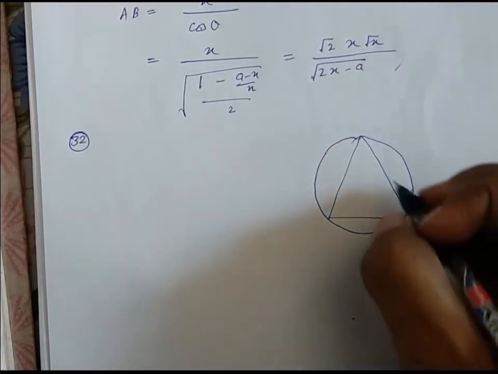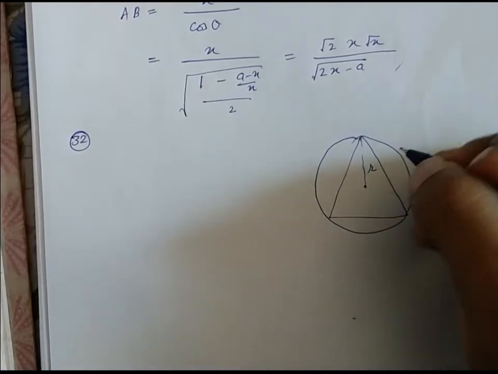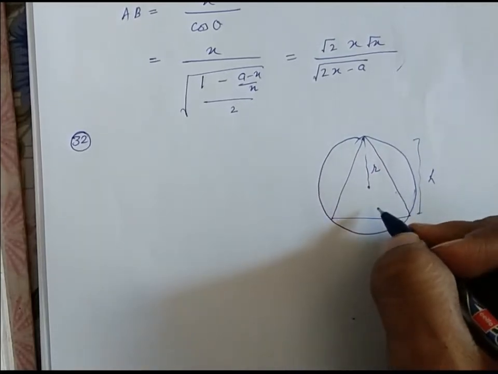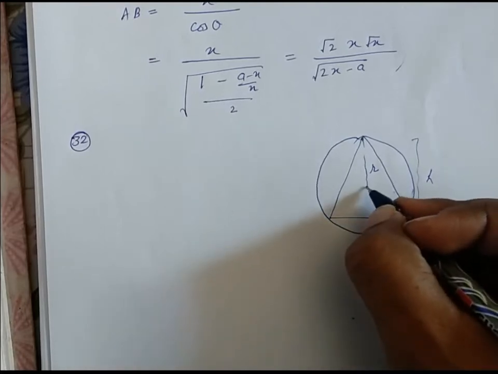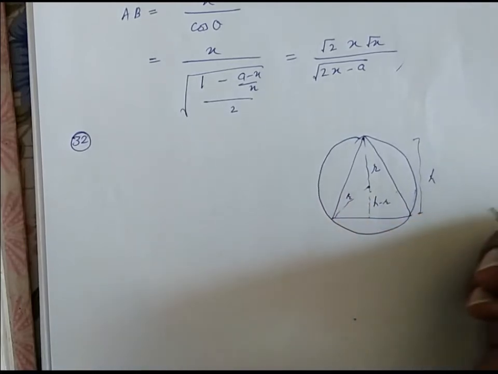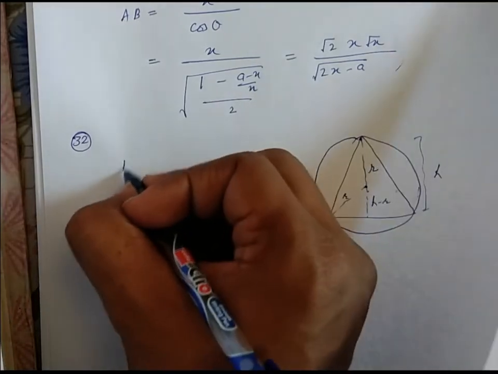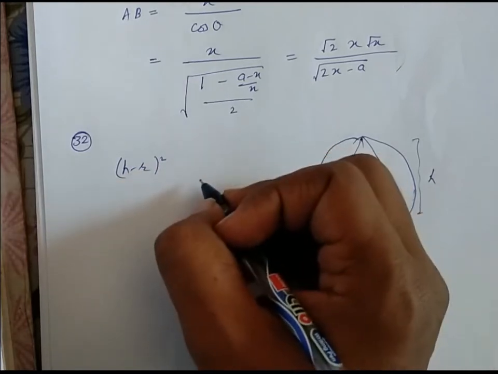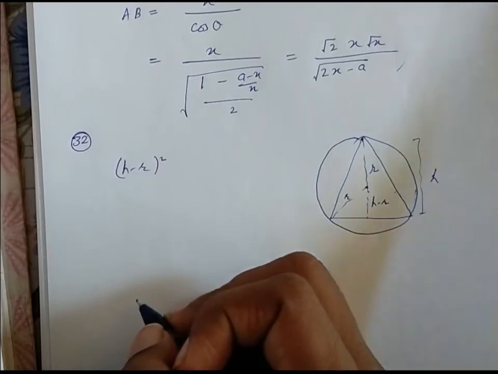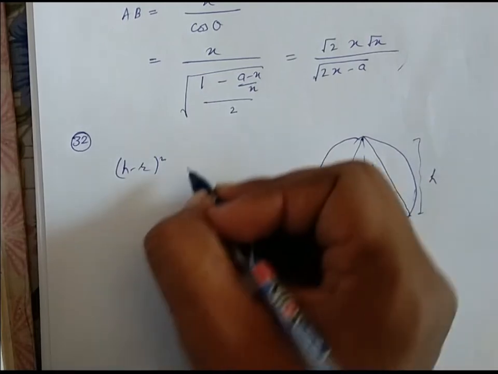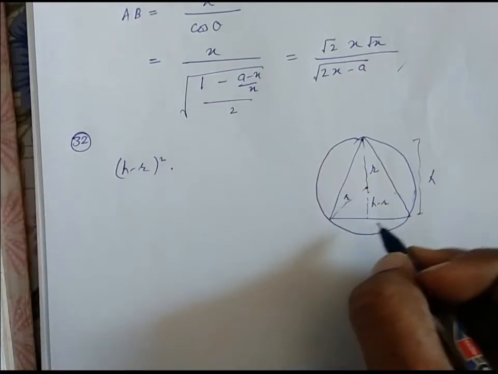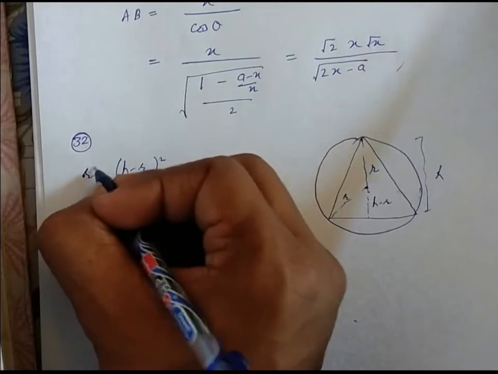So this would clearly be an isosceles triangle. Let the height of the triangle be H. So (H minus R) whole square plus, sorry, R square minus this.